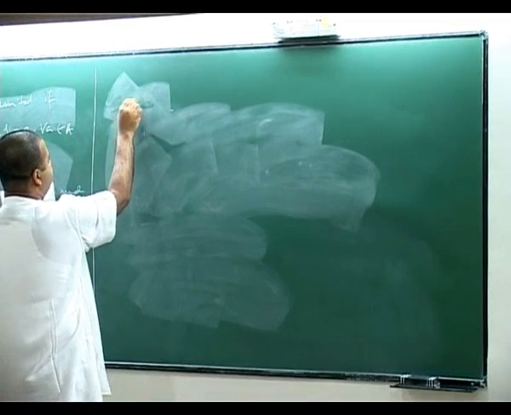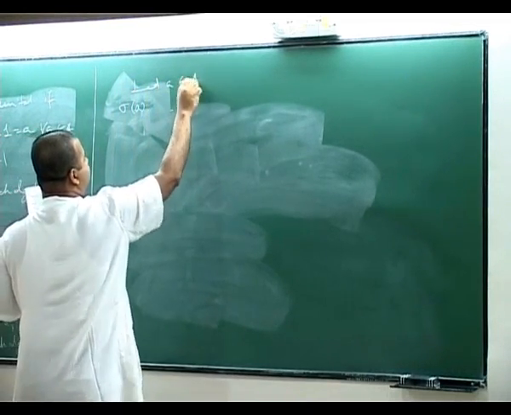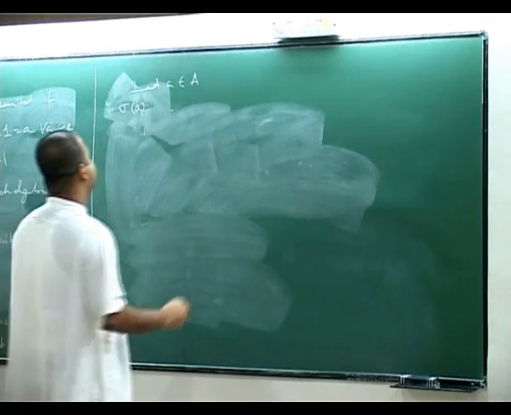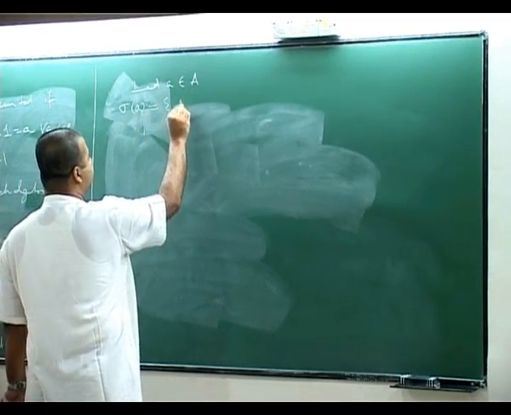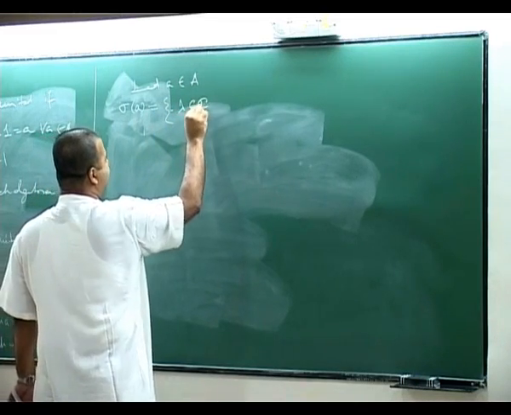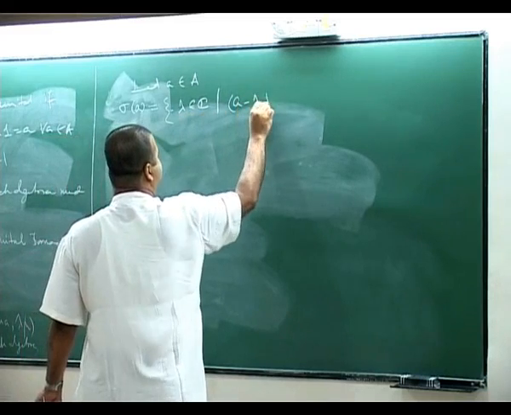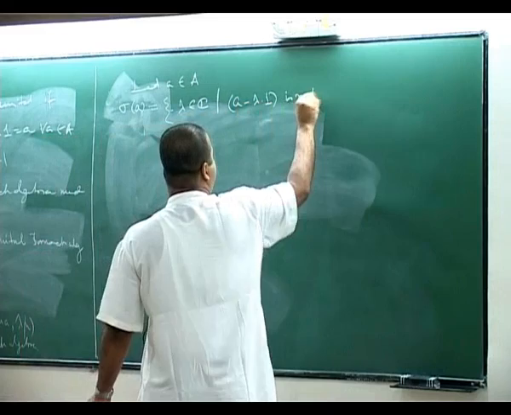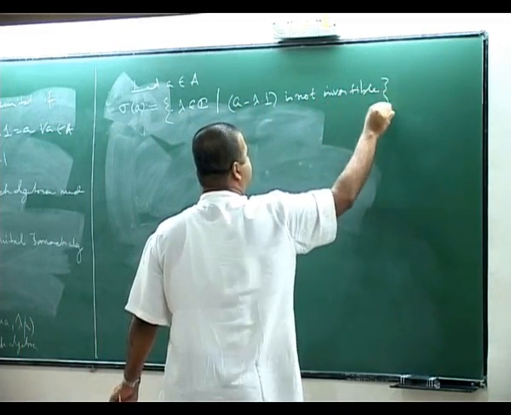Next comes the important definition of spectrum. So henceforth, unless otherwise specified, we will assume that the Banach algebras are unital. If it is non-unital, I will mention it explicitly. So spectrum of A is defined as all those lambda in C such that A minus lambda is not invertible.